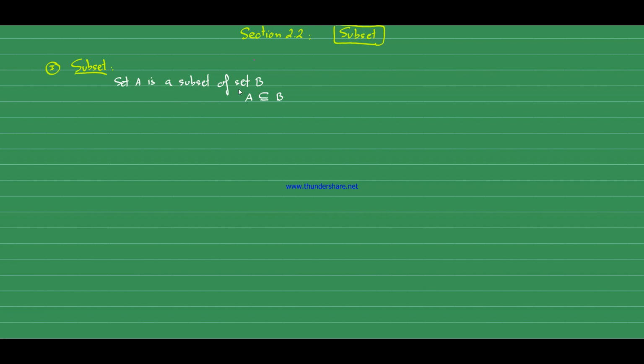So A is a subset of set B, notated as A, this horizontal U, B, not the regular U, but just like a horizontal letter U, if every element in set A is also an element in set B. Whatever you see in set A, you also see that element in set B. That's what I mean.